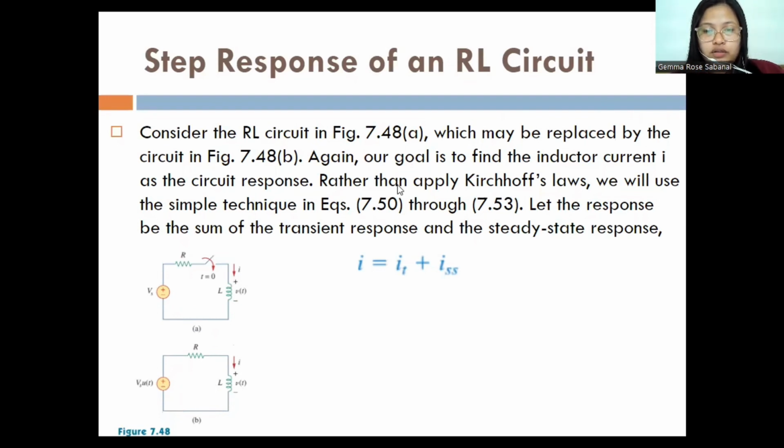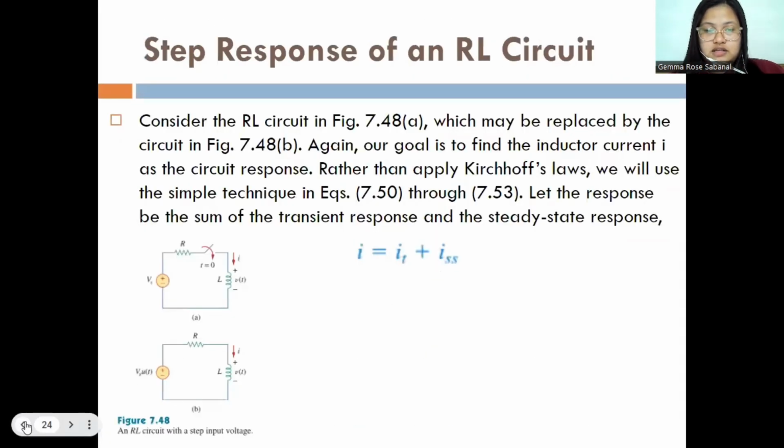Again, our goal is to find the inductor current i as the circuit response, in equations 7.50 through 7.53. Let the response be the sum of the transient response and the steady state response, and we will get this equation. The figure below is an RL circuit with a step input voltage.